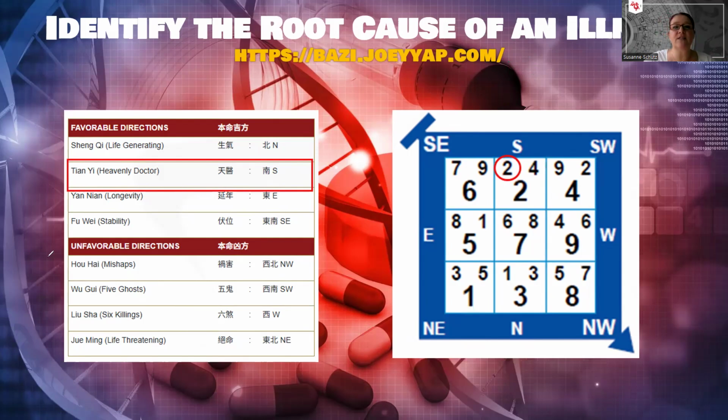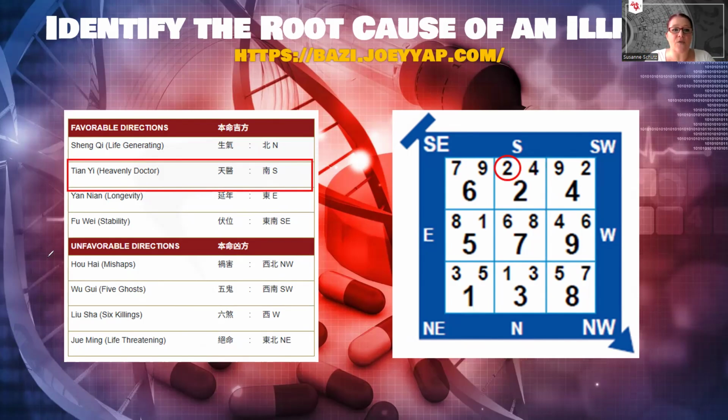So if you have the sitting star 1 in your personal heavenly doctor Tian-yi sector, and it's affected by a negative feature, then the root cause for your prolonged illness, or why the illness is recurring over and over again, or why it's taking so long to recover, basically has to do with your rest and sleep patterns. They're interrupted. Something is wrong with your sleep.